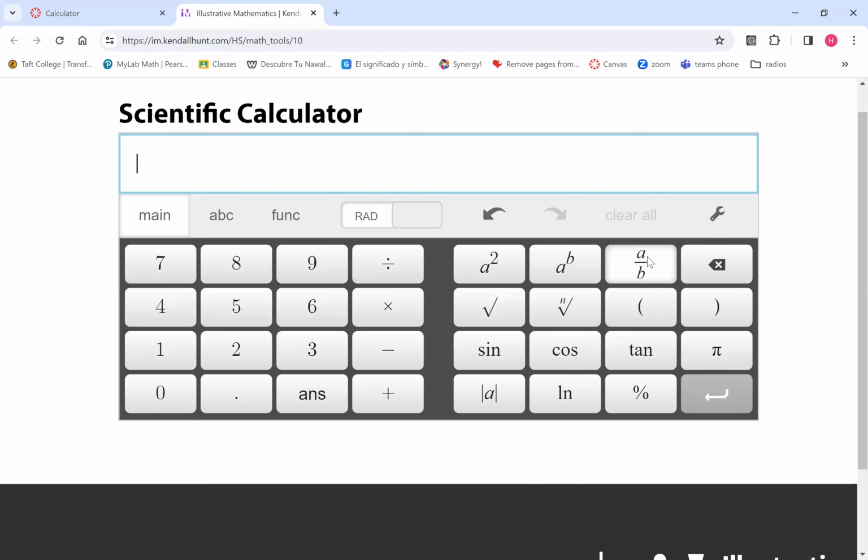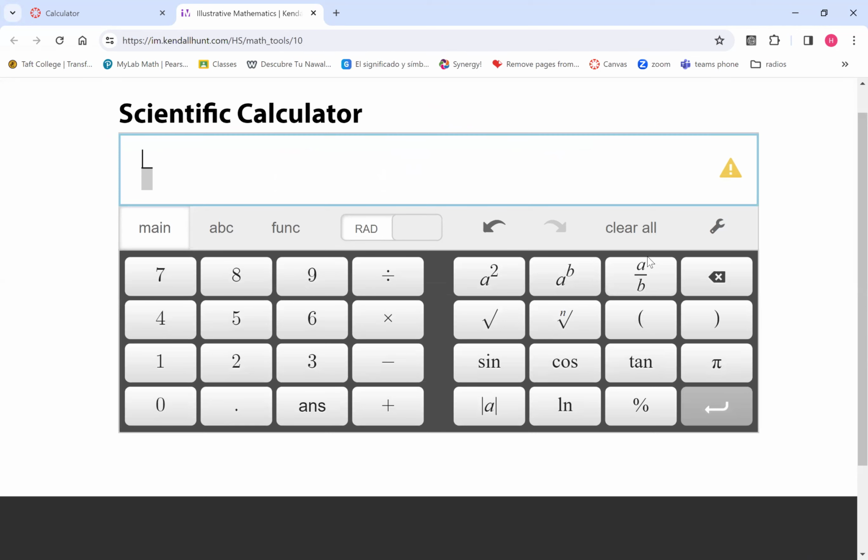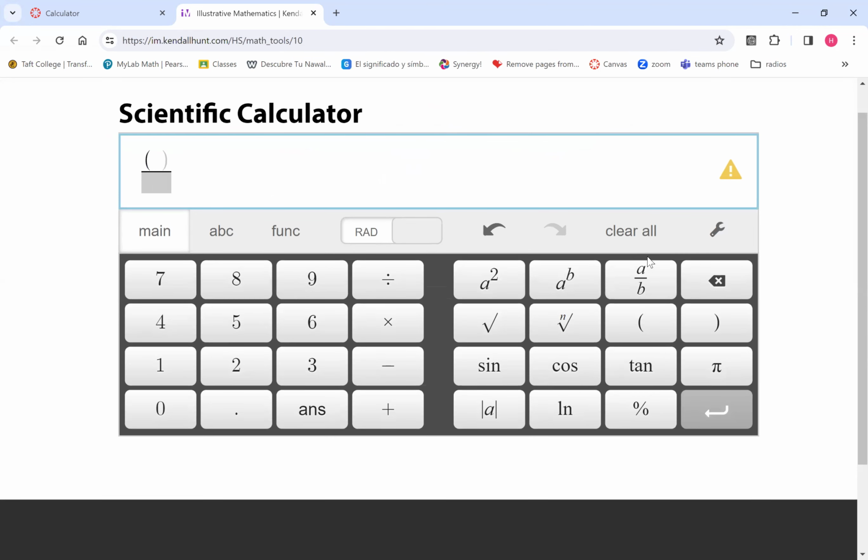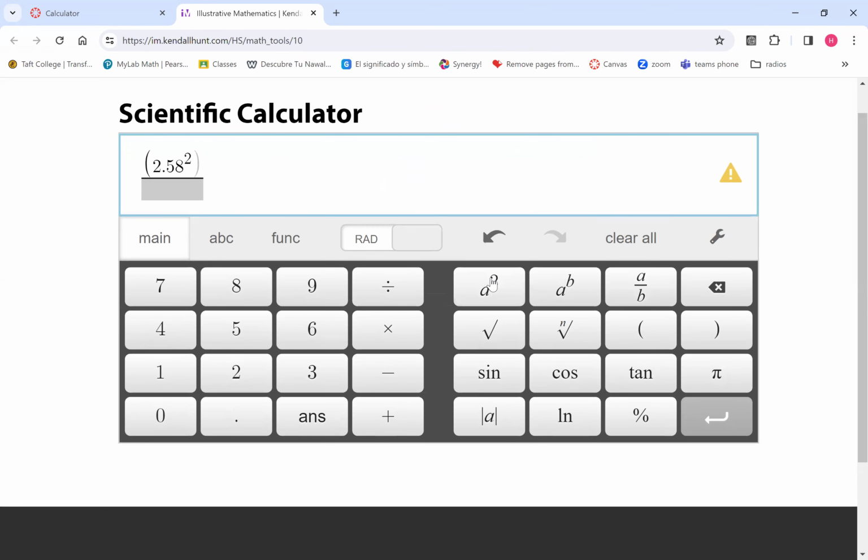So I have a fraction: 2.58 squared. You guys see the squared? And then I open another parentheses, and then I have 0.3 times 0.7 plus 0.6 times 0.4.